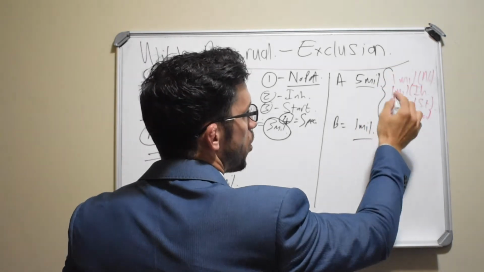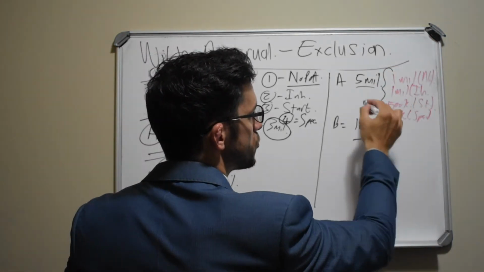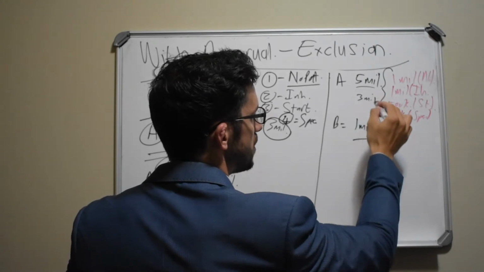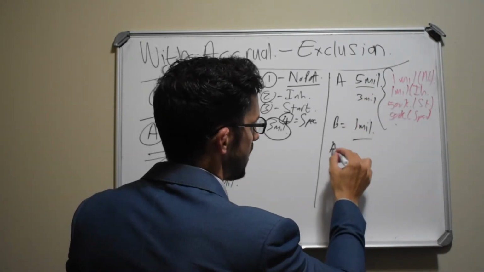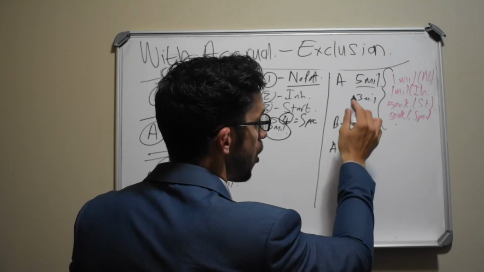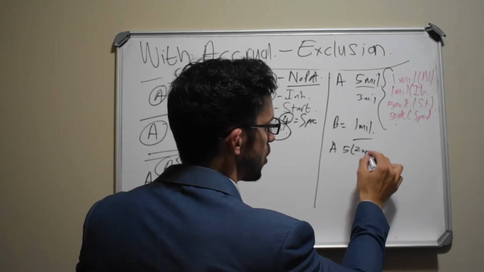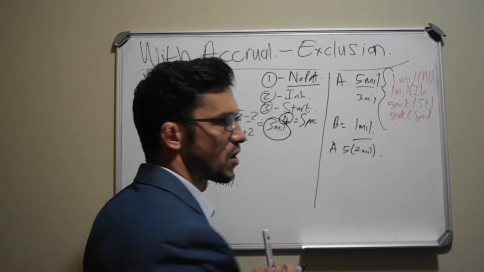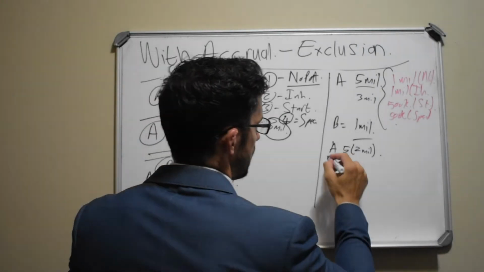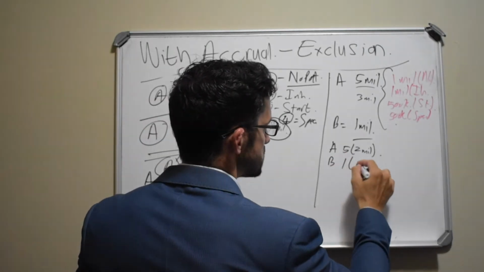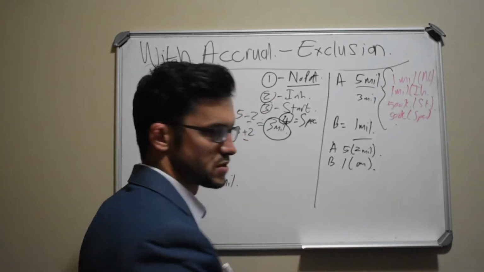Herein, what is excluded is 3 million. So now, person A has 5. However, of that 5, 3 is exclusion. So only 1 million is part of the calculation. Person B, 1 million, 0 exclusions.